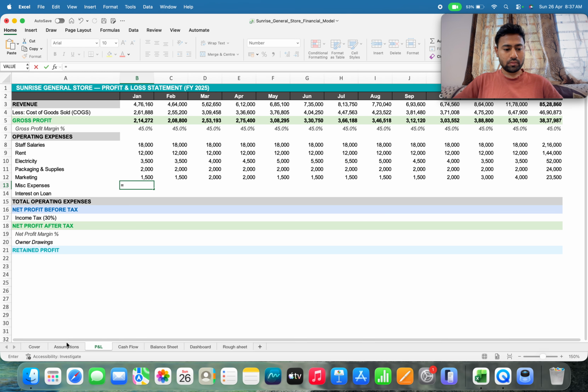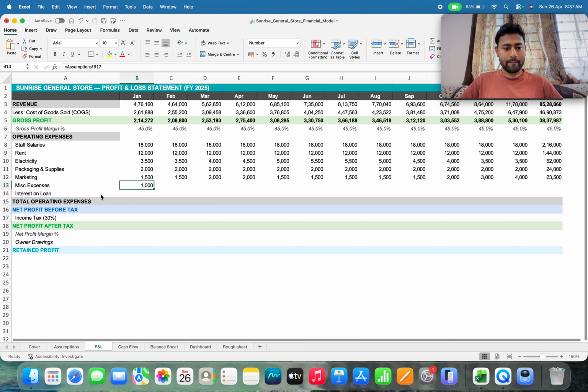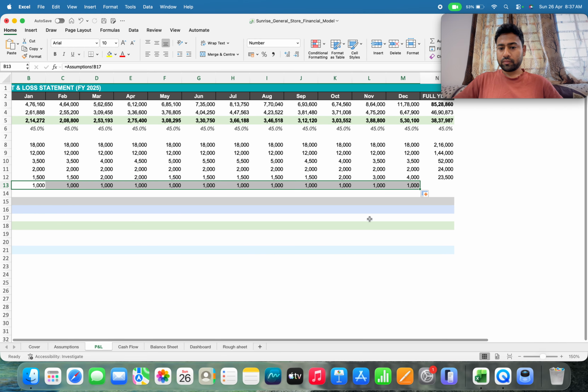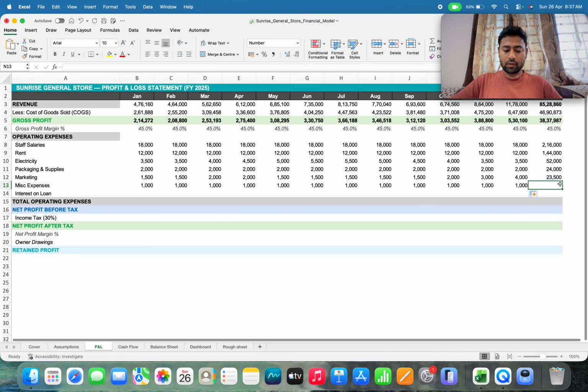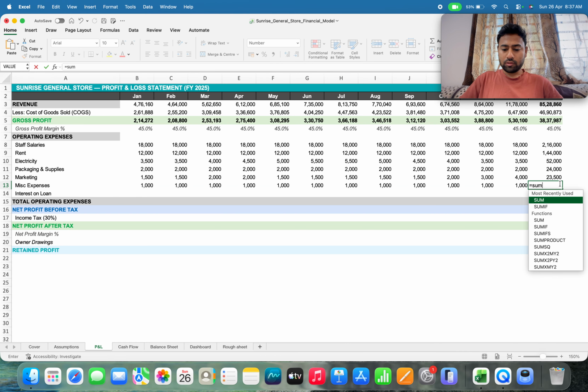Miscellaneous, we will do the summation, is equal to sum.